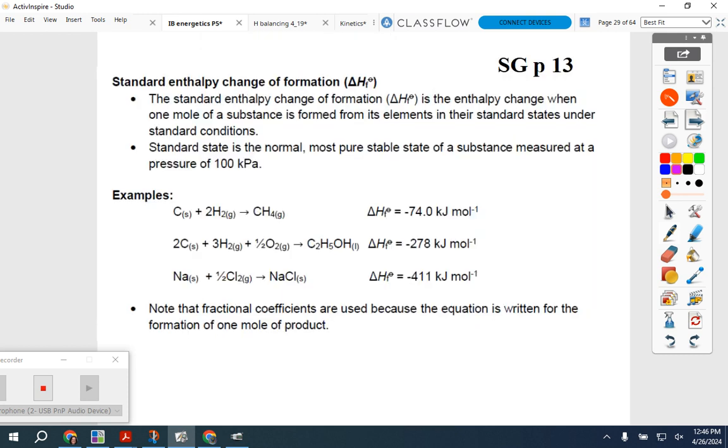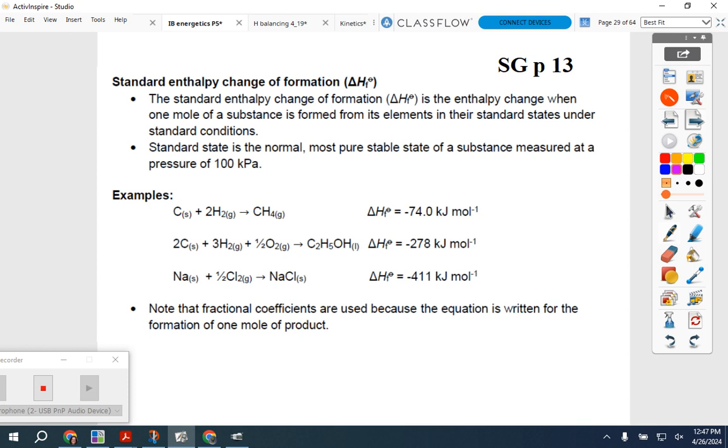All right, so back to page 13. Say we want to find the enthalpy of formation of methane, CH4. Well, what are the parts of methane? It's carbon and hydrogen. Okay? So one of the things that makes up the methane is carbon, which in its standard state is a solid, like the graphite in your pencil.